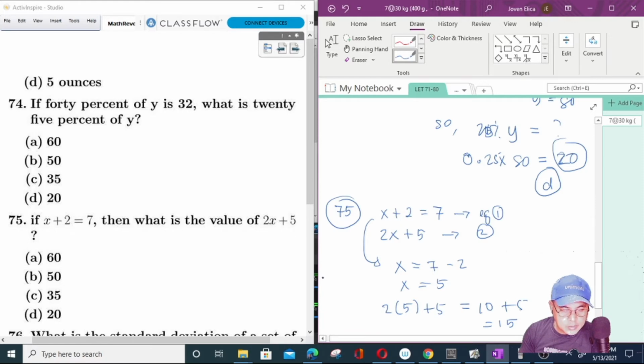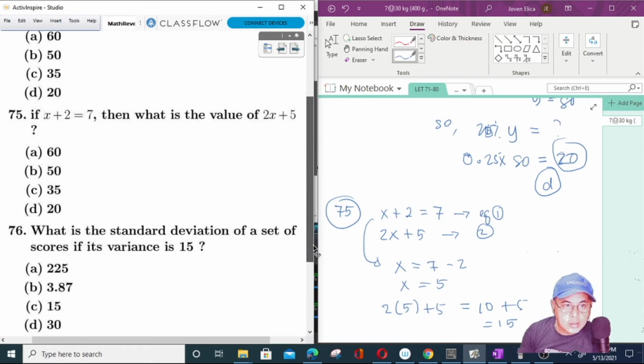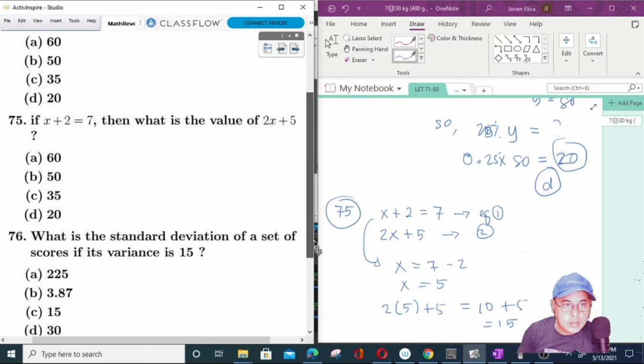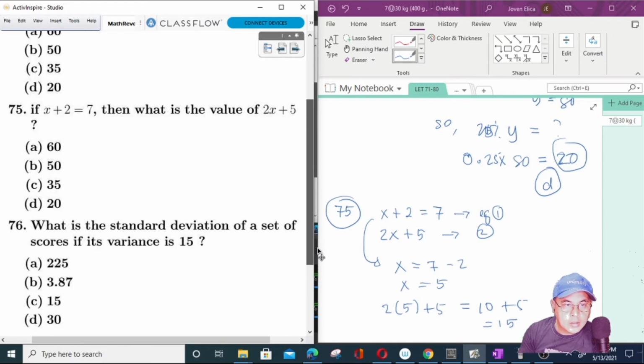Then 2x plus 5 is 15. The answer is supposed to be 15. Let me check on the given.